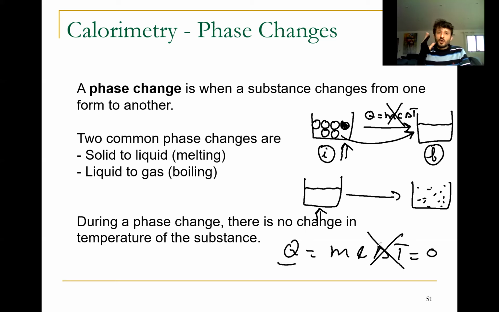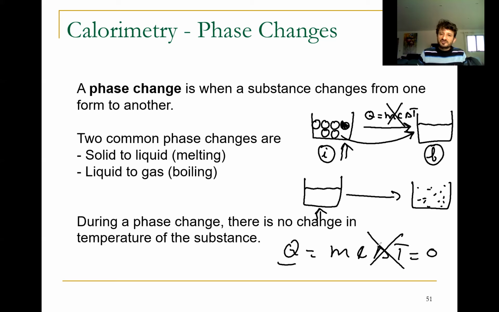So you have to know two important points. First of all, if we have a phase change between solid and liquid, liquid and gas, liquid and solid, or gas and liquid, we have the same temperature during the phase change. T initial equals T final.